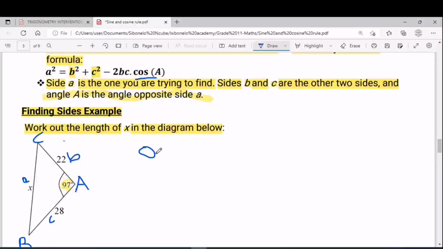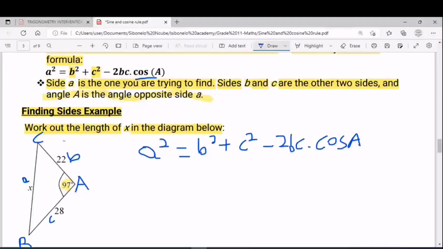So nansi i-formula yethu esisebenzisayo uma sifuna the small letter A. A squared equals B squared plus C squared minus 2BC times cos A. So isho kanje i-formula yethu. Now the next thing usuzo substitute la.